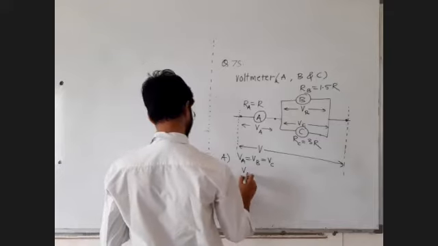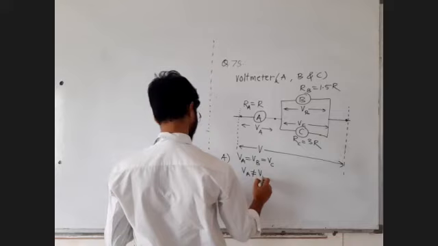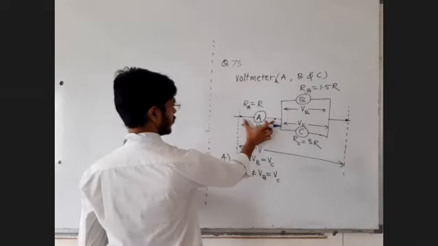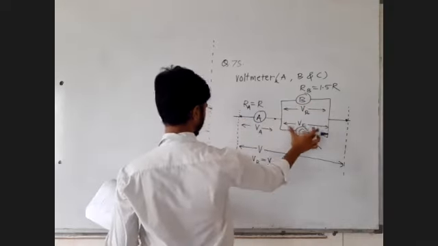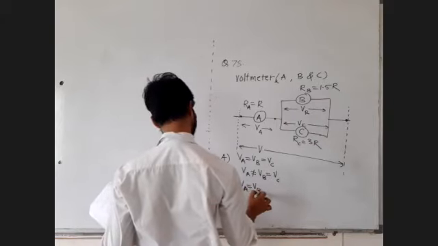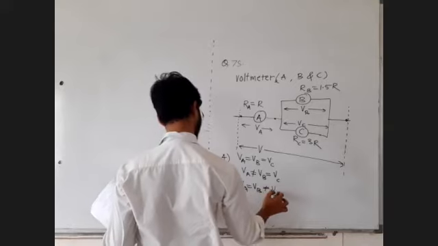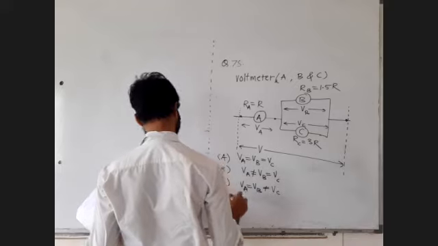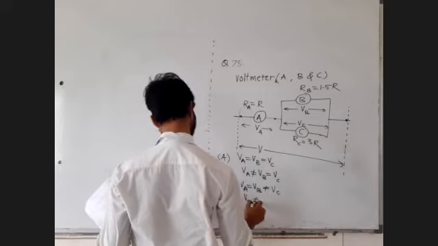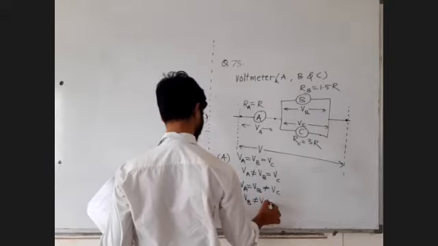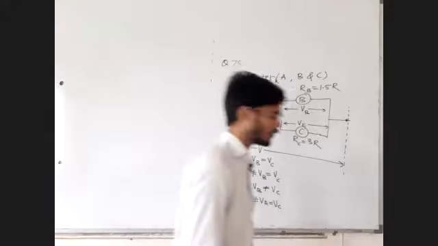Option B: voltage across A is not equal to voltage across B, but voltage across B is equal to voltage across C. Option C: voltage across A is equal to voltage across B, but that is not equal to voltage across C. Option D: voltage across B is not equal to voltage across A, but it is equal to voltage across C.